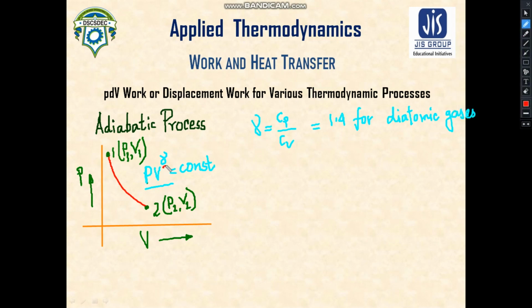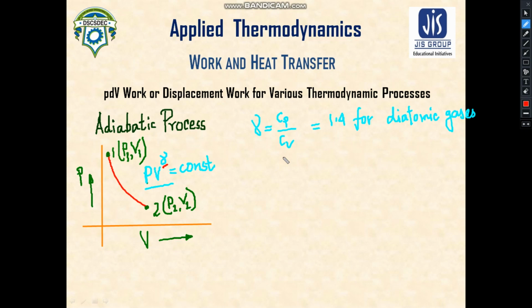Now what is this gamma? This gamma refers to Cp by Cv. Cp means the specific heat at constant pressure, and Cv means the specific heat at constant volume. The amount of heat which is required to increase the temperature of 1 kg of fluid by 1 degree Celsius at constant pressure is called the specific heat at constant pressure.